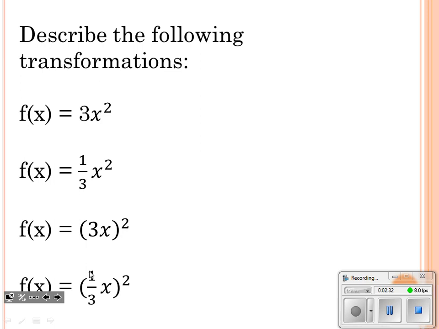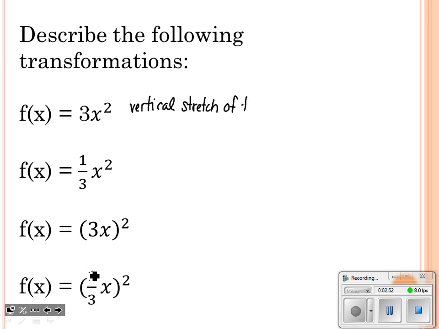This first one up here, okay, notice that you have a 3 times your parent function x squared. So with having a constant greater than 1 multiplied to our function, we have a vertical stretch of times 3.